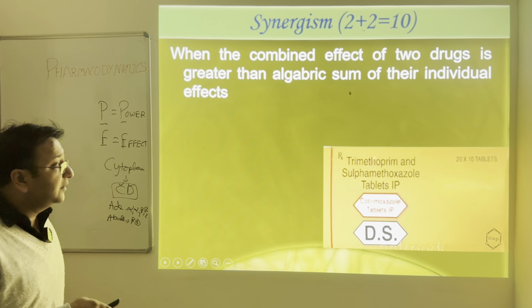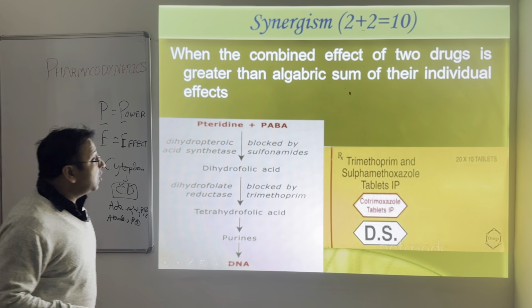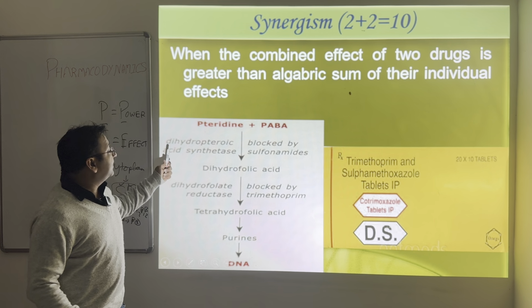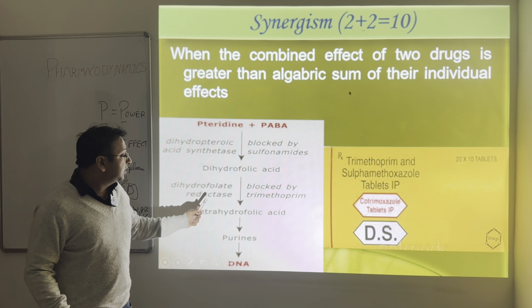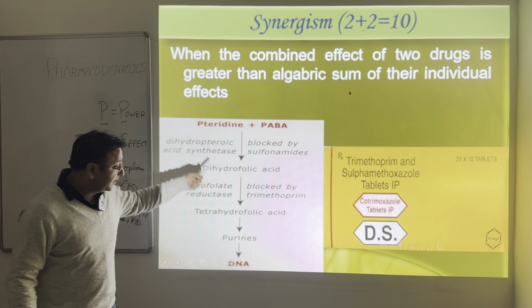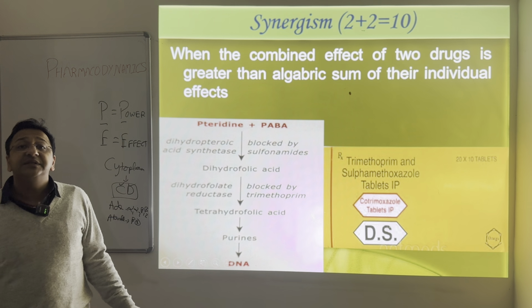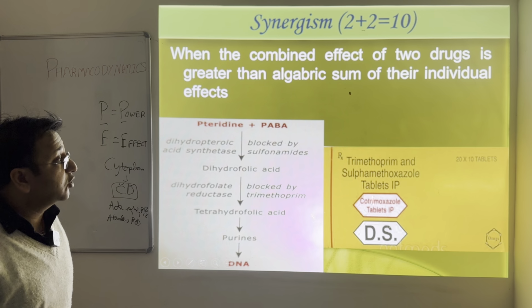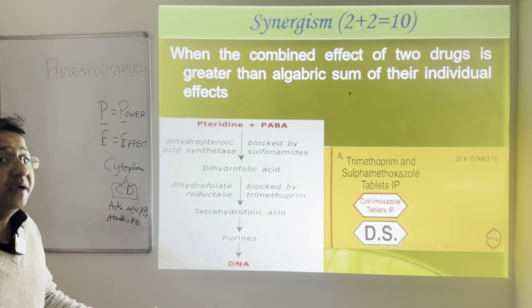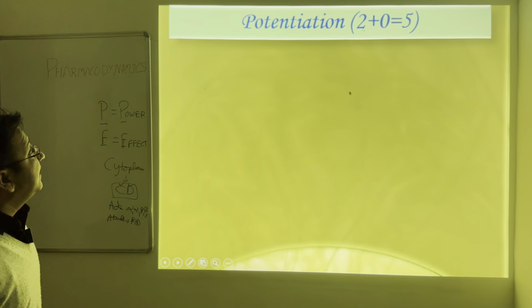When you combine the two drugs together, it will become bactericidal. Why? Because one drug is blocking this step, one drug is blocking this step. When you block the entire pathway, this becomes bactericidal and no DNA will be synthesized. So the combination is bactericidal, but the individual drug is bacteriostatic. That's why 2 plus 2 is equal to 10.